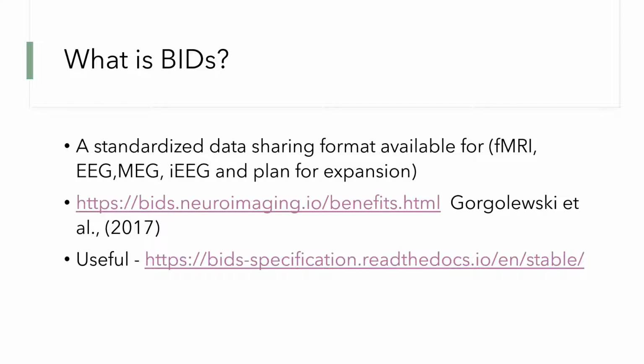However, I've mostly worked with fMRI data, so I'll be talking about BIDS for fMRI data. It's mainly been developed by Russ Poldrack, and Chris Gorgolewski is the first author of the paper. Throughout the slides, I have some useful links where people can click afterwards and see a bit more detail about these things.